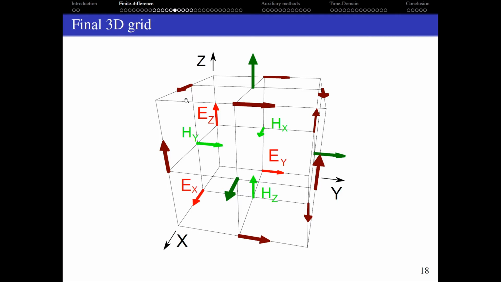So if we add a perfect conductor on this face, for instance, all the field components on this face will be 0. So everything is aligned, and it's pretty convenient if you want to have your boundary condition on a face of this cube.